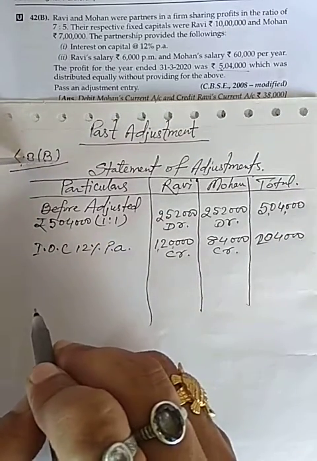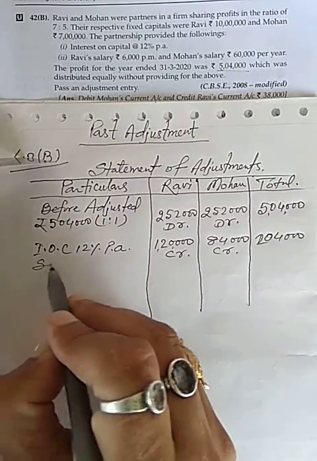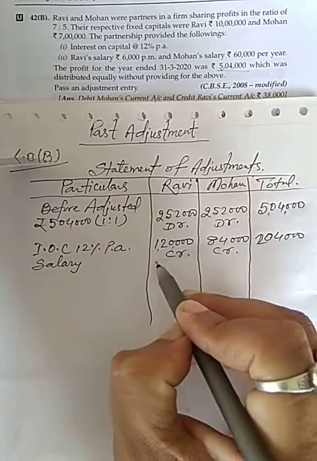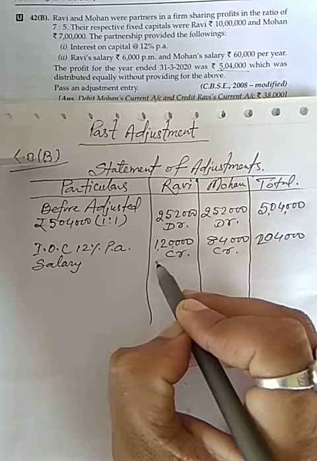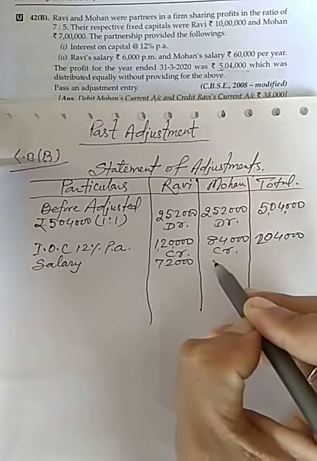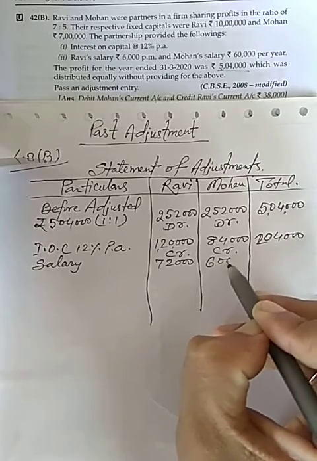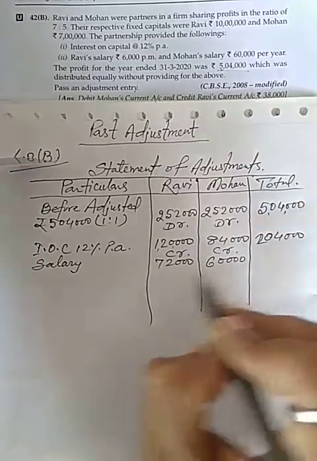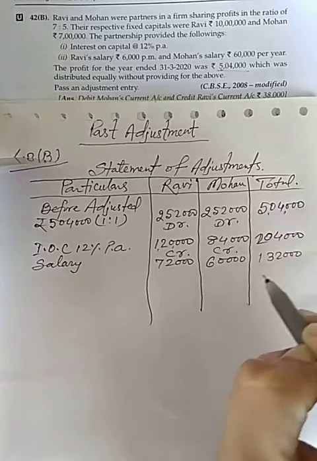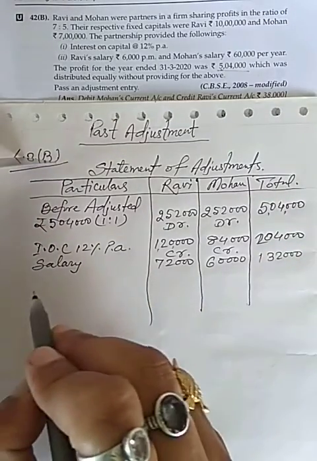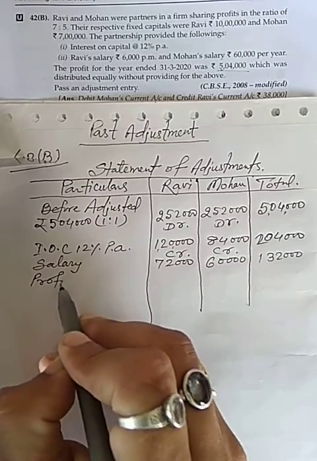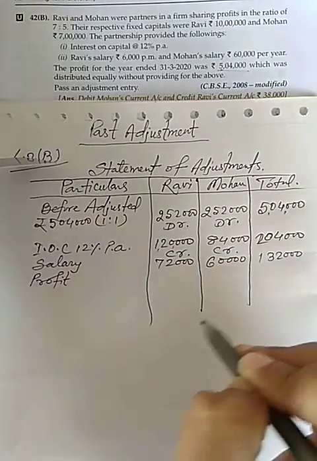Now salary, it will also be credit, 72,000 for Ravi and 60,000 for Mohan. So it will be 1,32,000. And now I will share the remaining profit.